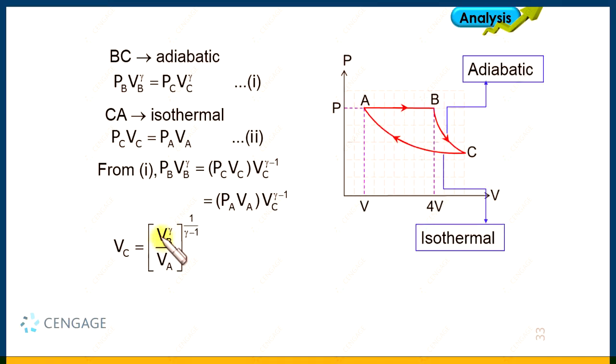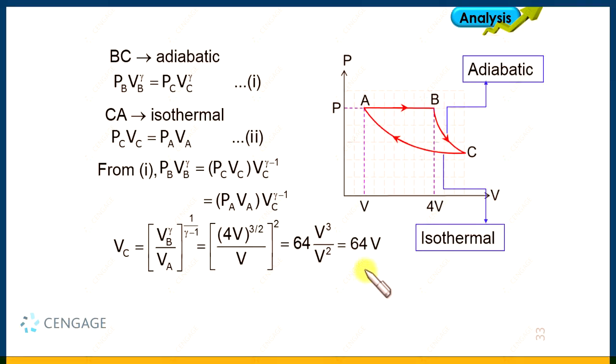So, this is equal to VB to the power 3 by 2, and this is 1 divided by 3 by 2 minus 1, that is 1 by 2, and this value will be equal to 2. So, we can substitute the value of this as 2 and this is 3 by 2, and VB here is 4 V naught, 4 V, and VA equal to V. That means, we can write this value as 64, and this is square, this will be V cube divided by V square, right. Now, this and this will get cancelled, that is equal to 64 V.